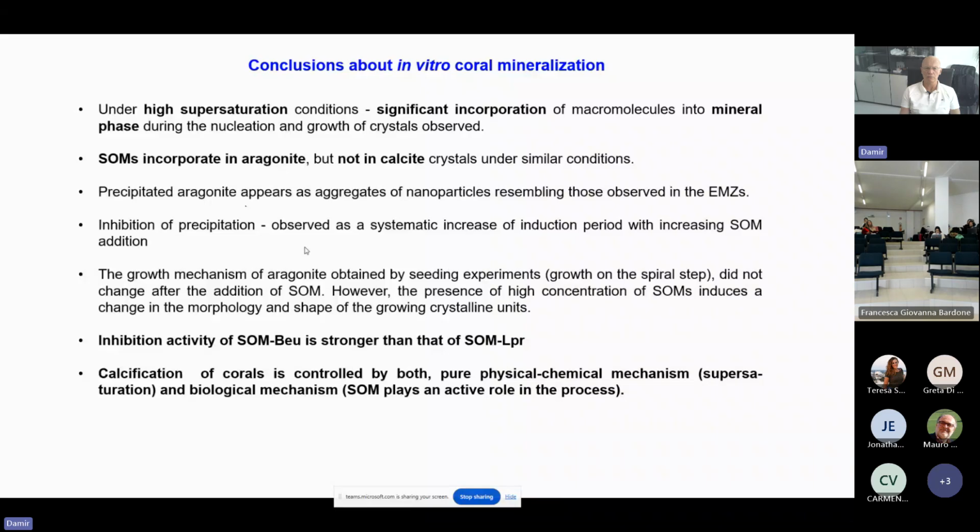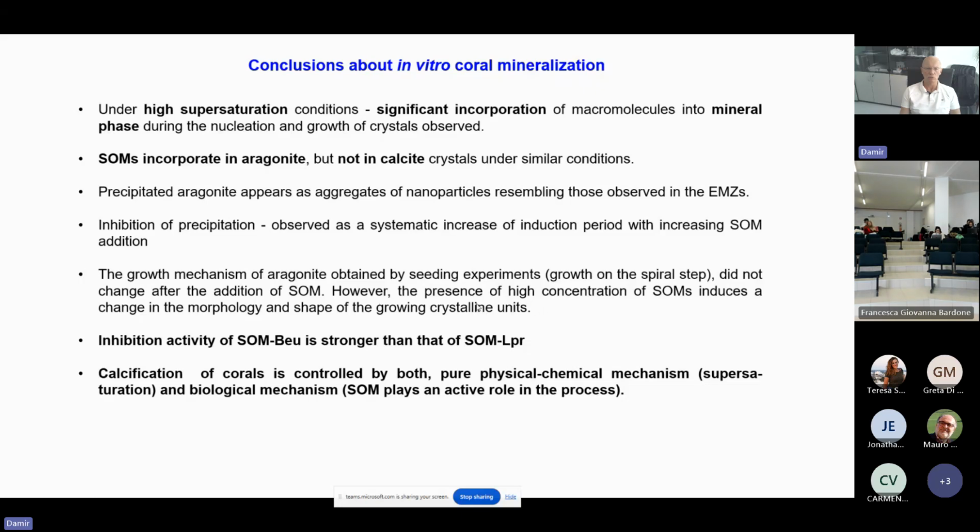The growth mechanism obtained by seeding experiments indicates growth by spiral steps and did not change after the addition of organic matter. Indeed, the presence of high concentration induces a change in the morphology and shape, even of these seed crystals.